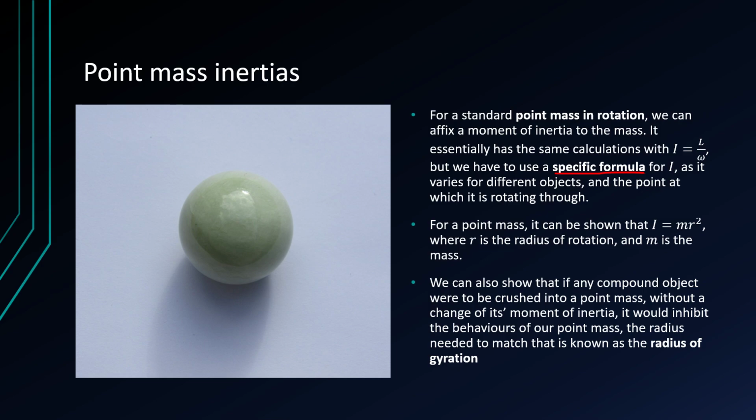It also depends on where it's rotating through. So the moment of inertia of a cylinder rotating about an endpoint, say, like this, is not actually the same as an identical cylinder, but this time rotating about its center of mass, sort of spinning this way, or even spinning around this way. So the moment of inertia is different for that.